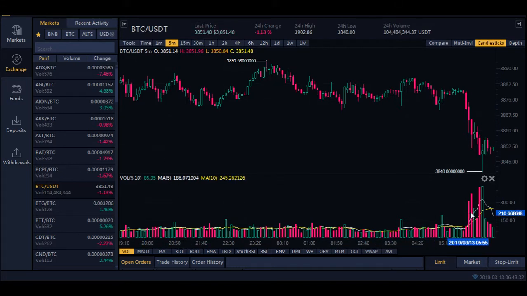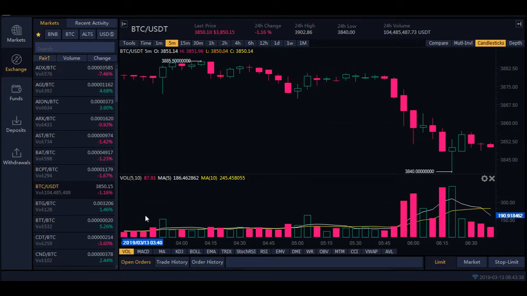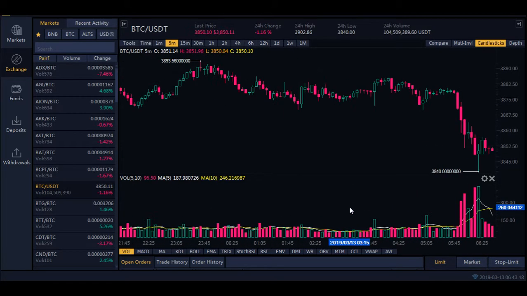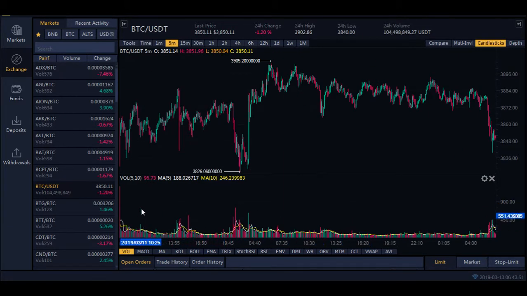Now, as you can see in this example, we also have a little bit of an overlap. These two lines overlap each other. And you can see that this is providing your moving average right on top of your volume. So if you do want to have just a very simplified version of your moving average, it's right there.